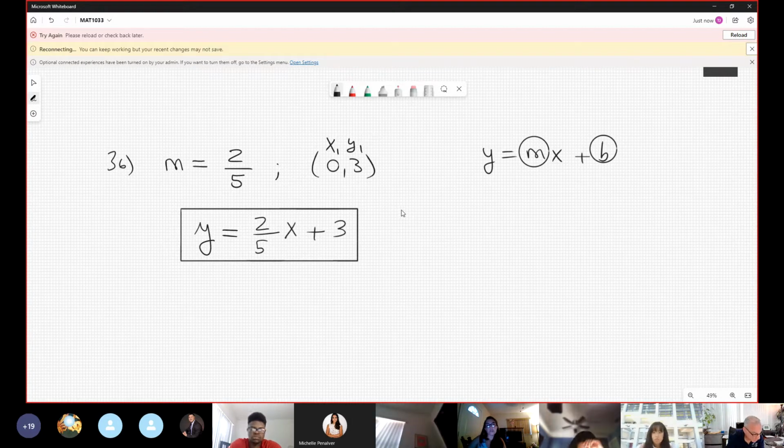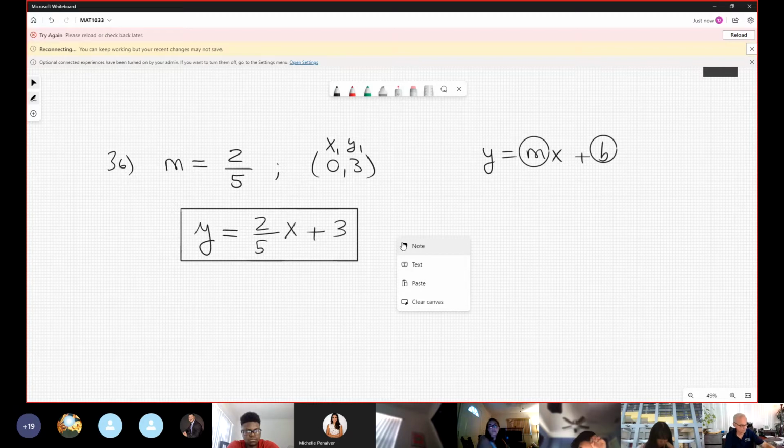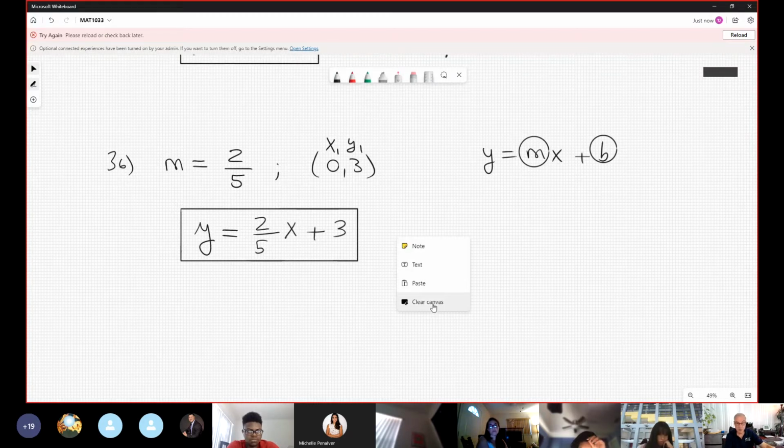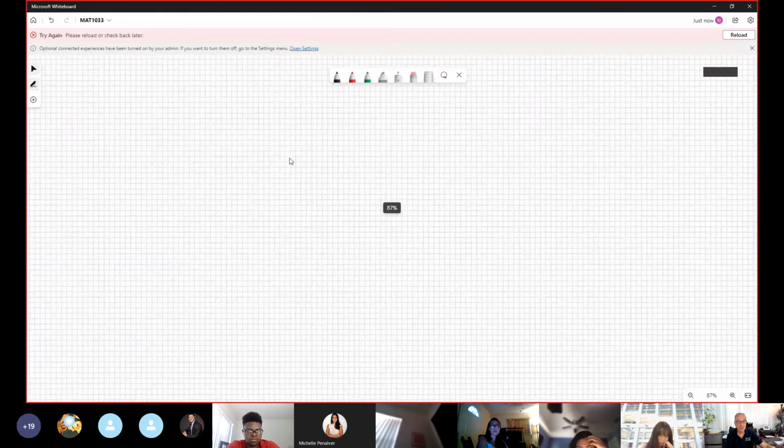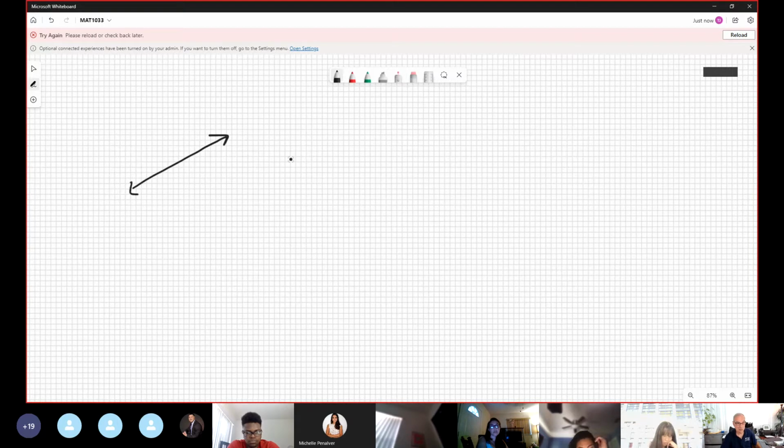Okay, so, write the equation of the line that passes through the given point and is parallel and perpendicular to the given line. Let me explain the theoretical part of this. Now we have two lines, line 1 and line 2.